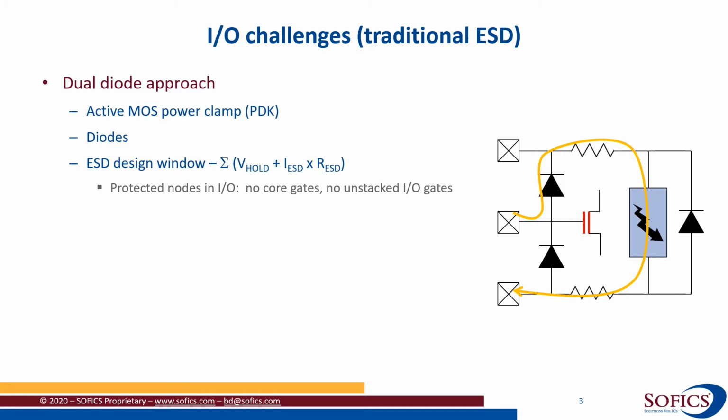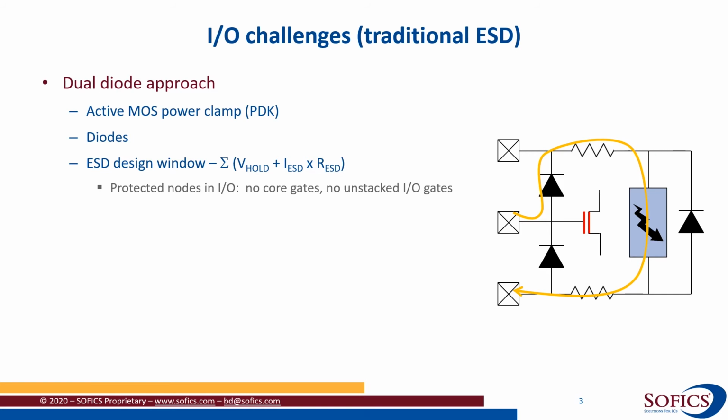In this particular case here, it is depicted as a gate, but it could be any circuit that needs to be protected. It leads to, in general, for the advanced technologies, that no core gates can be used in the I/O, and also no unstacked I/O gates can be used there because the sum of the voltages is adding up quickly.